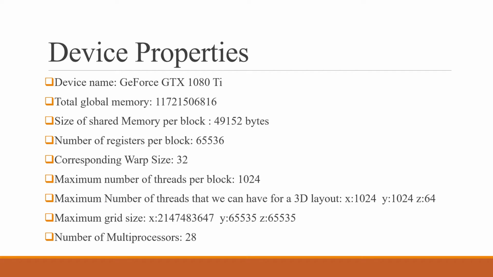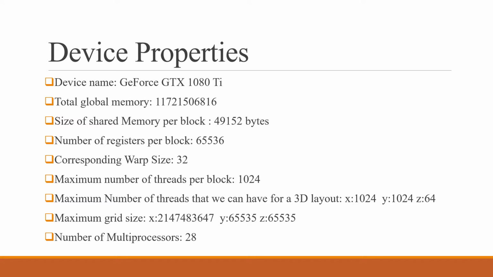Before starting on the project, we need to have a good idea about the device that we're going to use and what properties that device has. NVIDIA has a device property program that we can compile and see the properties of the device that we are using. So I used that device property program to get the properties of the device that I'm using in the cluster.